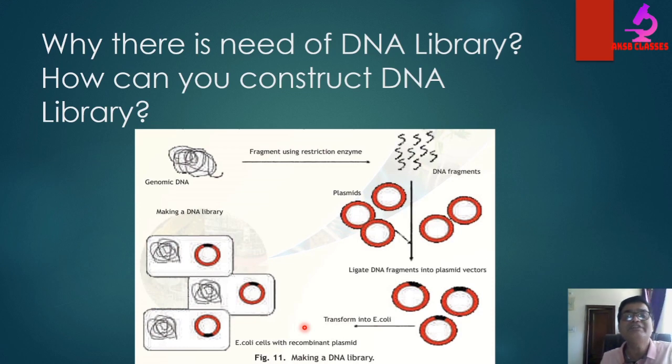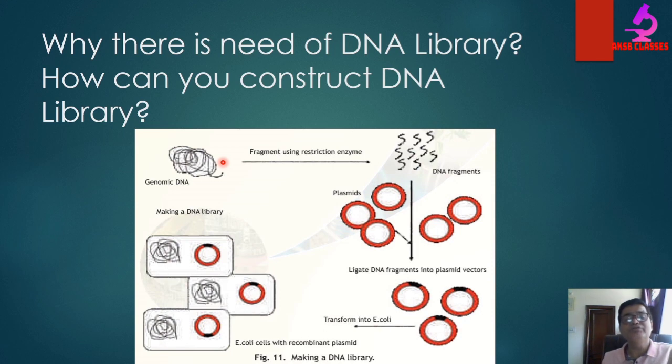Next query is why there is a need for a DNA library. So a DNA library is required for keeping all the genes for future experimental and research purposes, whether the gene is essential or non-essential, coding or non-coding.